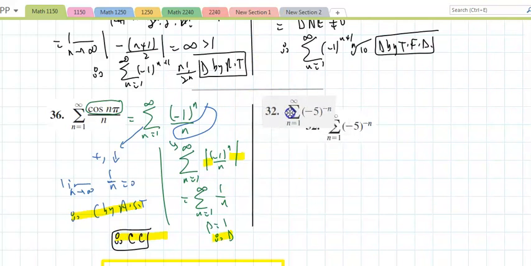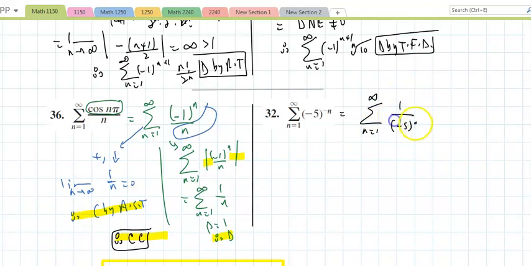Looking at number 32, I have two options here. I could say this is the series n equal 1 to infinity of 1 over negative 5 to the n. Right?